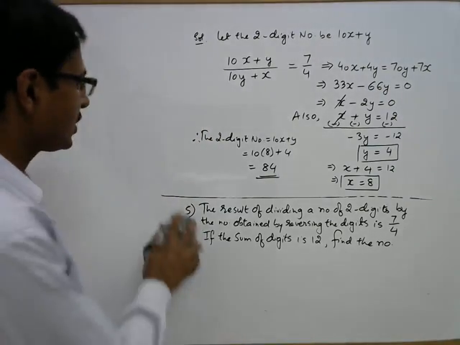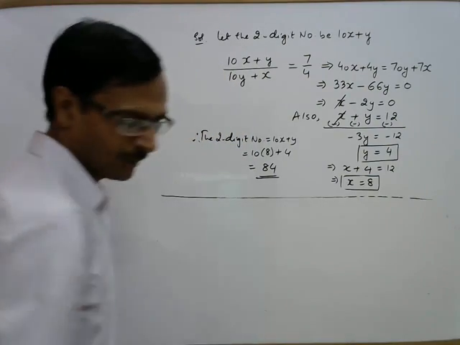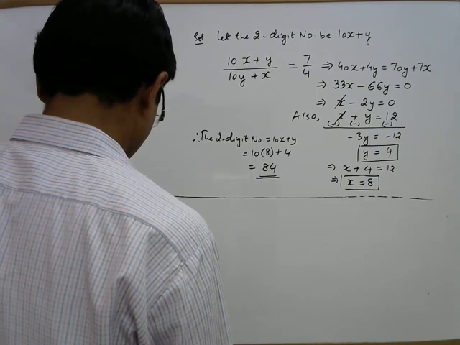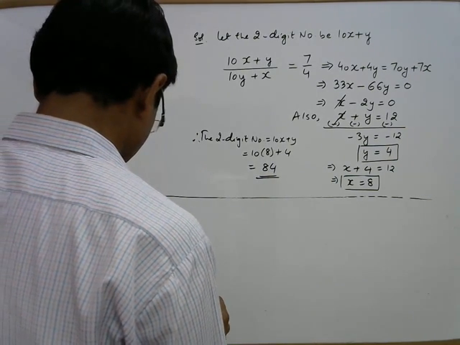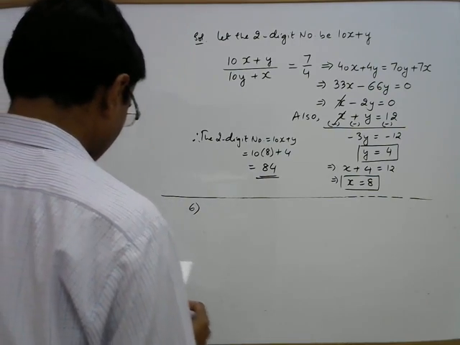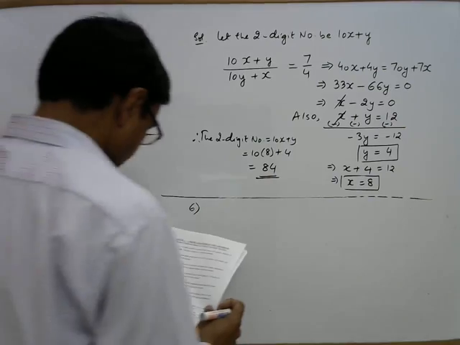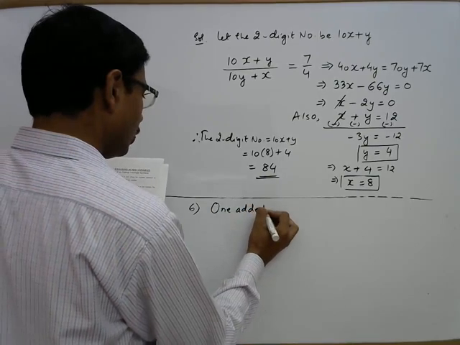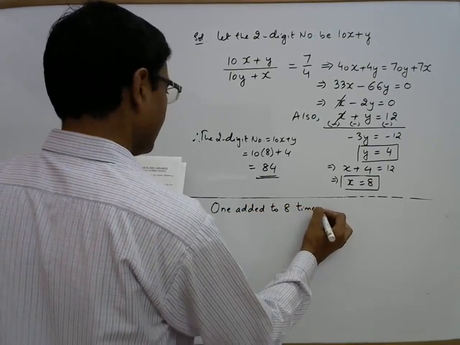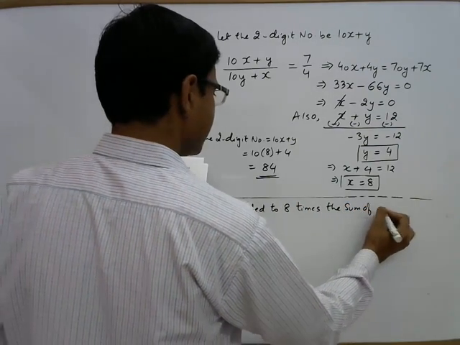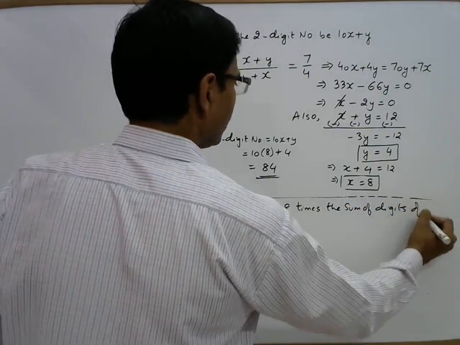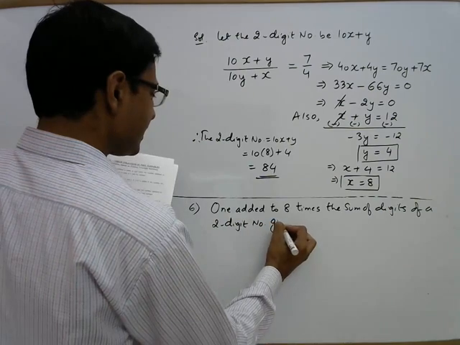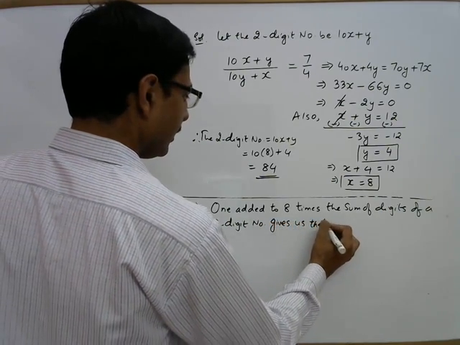Let's have one more question. This is question number 6. We have 1 added to 8 times the sum of digits of a two-digit number gives us that number.